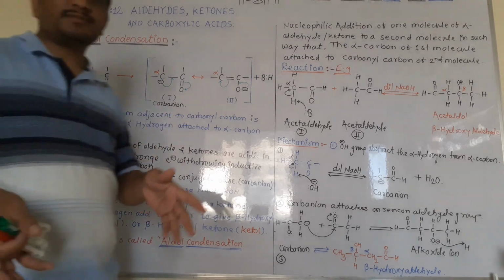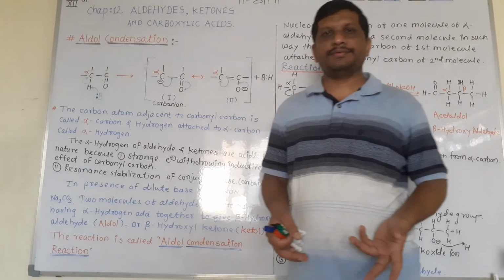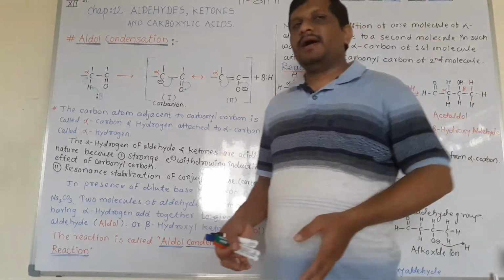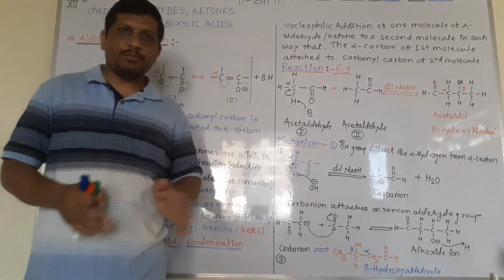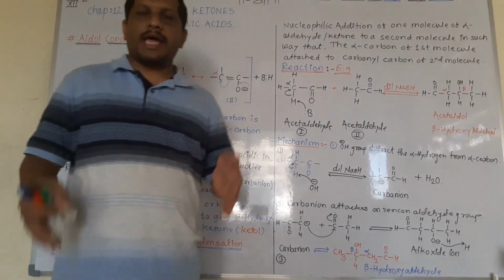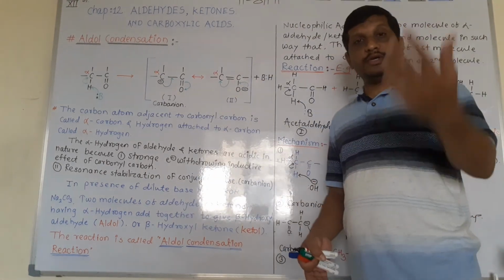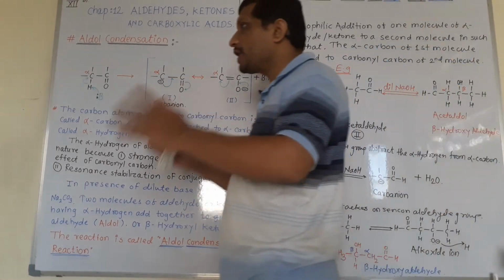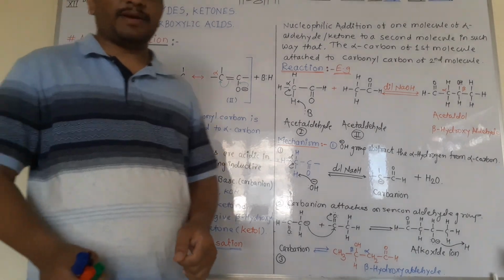The reaction takes place between two aldehyde groups or two ketonic groups because the acidic alpha hydrogen is very easily removed to form the nucleophile, and this active nucleophile reacts with the carbonyl carbon of another aldehyde or ketone, and that's why the aldol condensation reaction takes place.